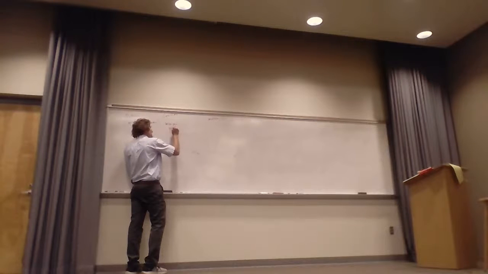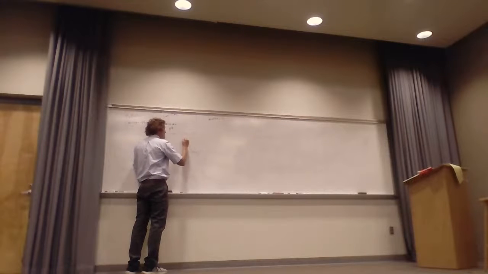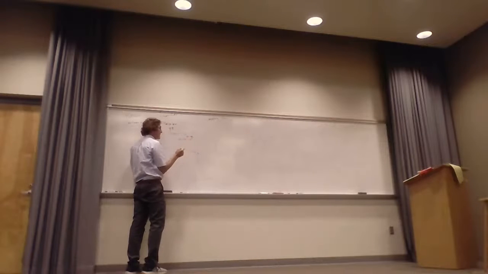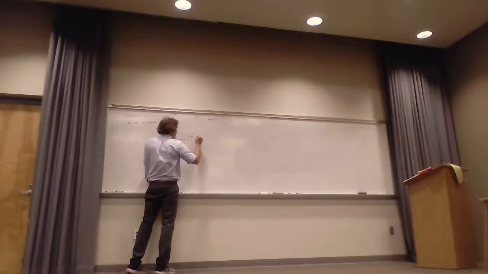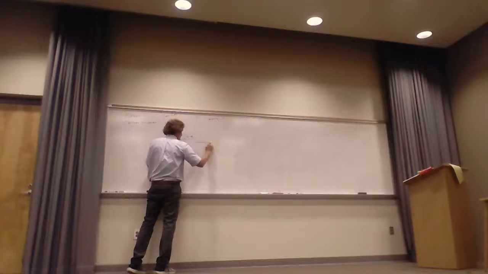This would be my incident E field. Now, when this field hits, it's going to also reflect, and there'll be a reflected E field, E reflected. Call this the X direction, by the way. And there'll also be a transmitted electric field, and this would be E transmitted.